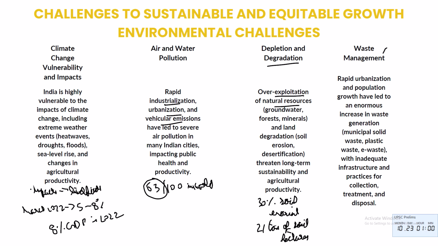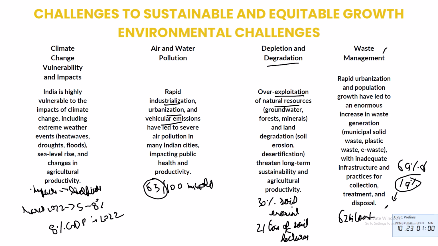Next one is waste management. Rapid urbanization and population growth have led to an enormous increase in waste generation without adequate infrastructure and practices for collection, treatment, and disposal. See, India generates around 62 million tons, and only 69% is collected and only 19% is treated.